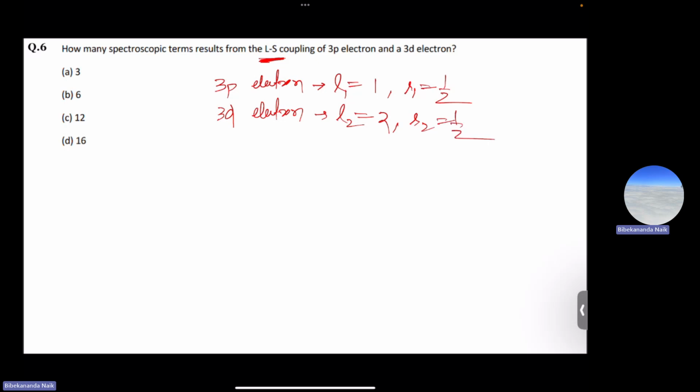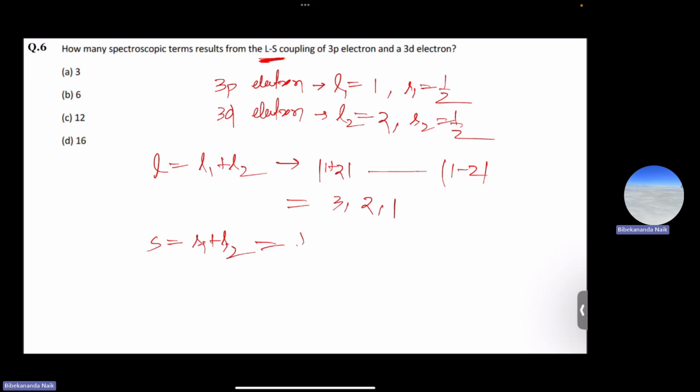So L will be L1 plus L2, 1 plus 2, down to the modulus of 1 minus 2. So it will be 3, 2, 1. Then S, similarly, will be S1 plus S2, half plus half, half minus half. It will be 1 and 0.